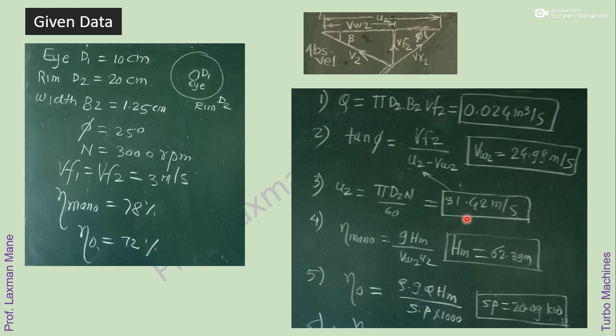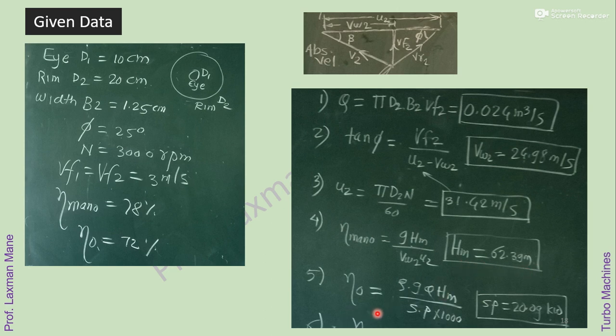This u2 will be put here. Phi is given and Vf2 is also given. So Vw2 we get. So this Vw2 we use here. Manometric efficiency is given, value of g 9.81. u2 is calculated. So from this the output is manometric head.